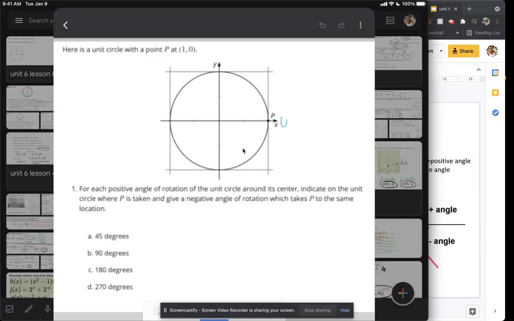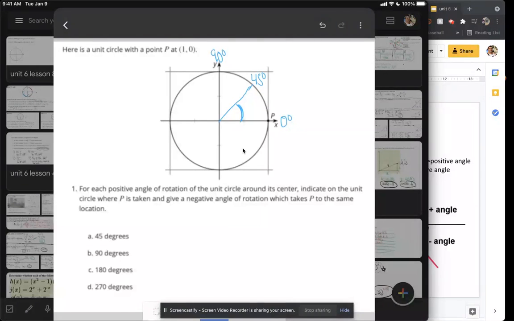So I know that this is 0 degrees, and I know that 90 degrees is up here. So 45 degrees is going to be halfway in between. So 45 degrees is going to be up here. So that would be a 45-degree angle.